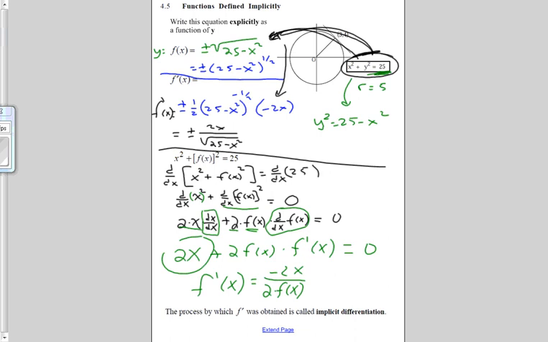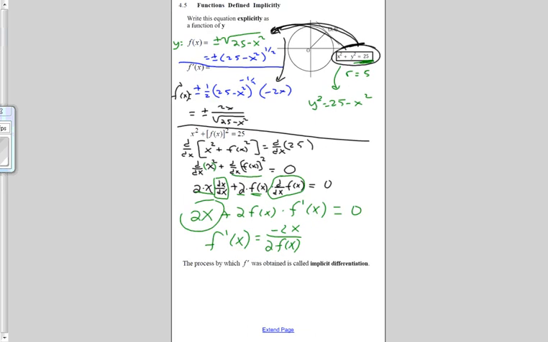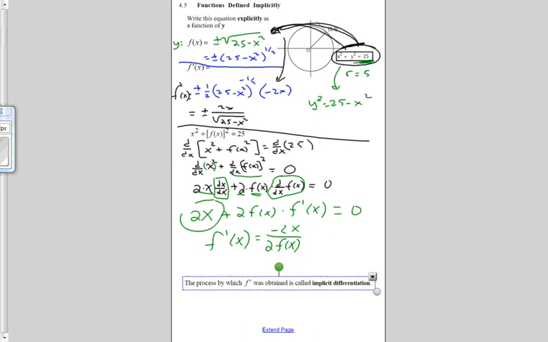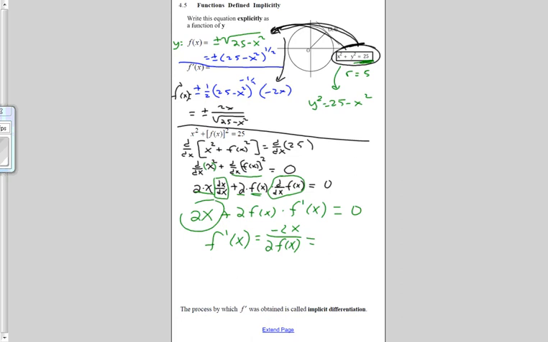We could then leave the problem just like this, and we should. So this equals negative 2x over 2f of x, but I'm going to put 2y. Right, f of x is y. So we get that my derivative function equals, simplifying that, negative x over y.